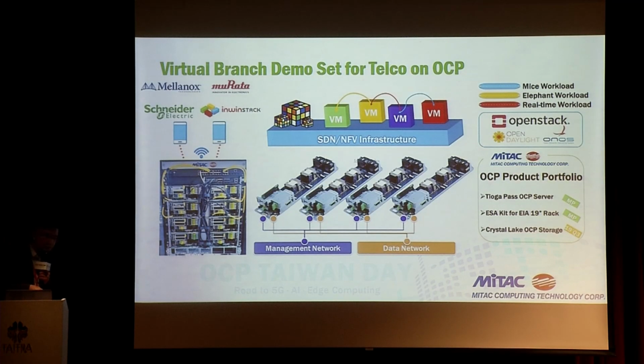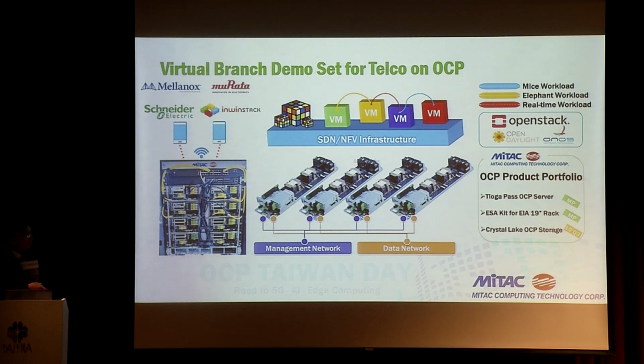And this March, at the OCP Summit in San Jose, we followed the cookbook of VCO 2.0. With limited space, we created the branch office with 4 telco pods in a 19-inch rack. With these partners' help, we got the 19-inch rack, the power shelf, the switch, and InWinStack as our OpenStack consultant partner.